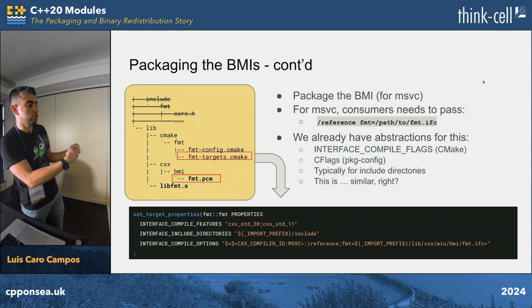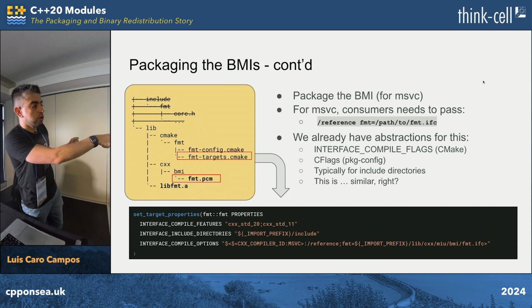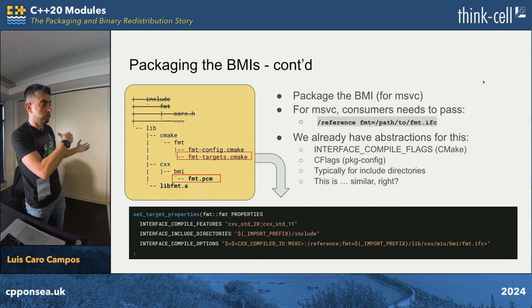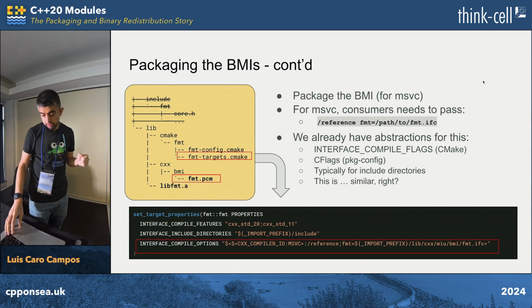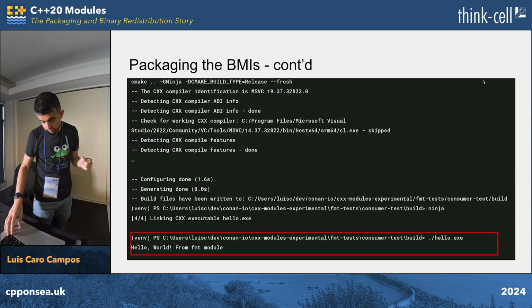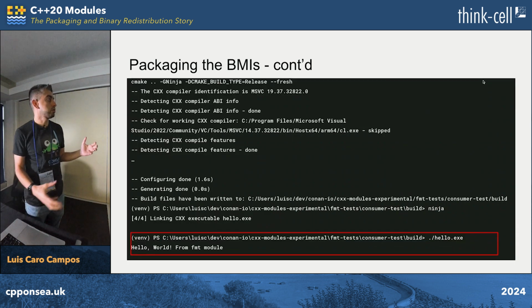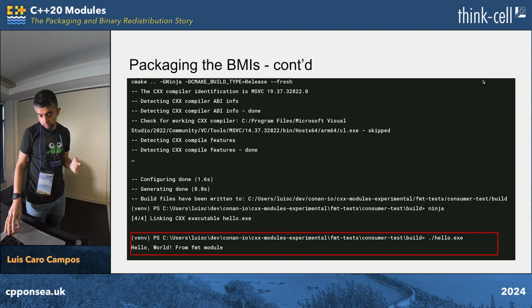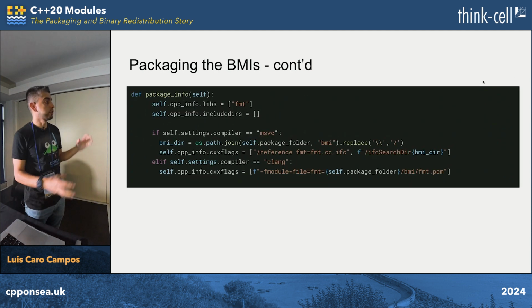If you are consuming this with MSVC, please use the fmt.ifc, which is the BMI generated by MSVC, on the consumer side, right? And this worked actually, right? Because I could guarantee that I was using exactly the same version of the compiler to do it. But I was not so lucky with others.